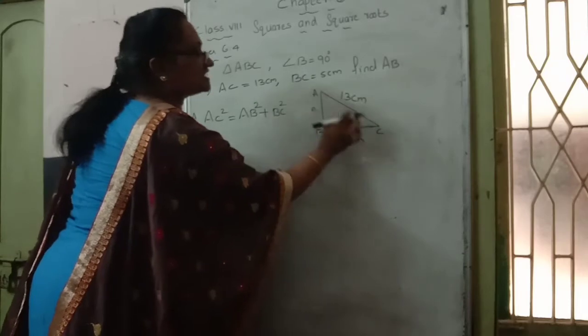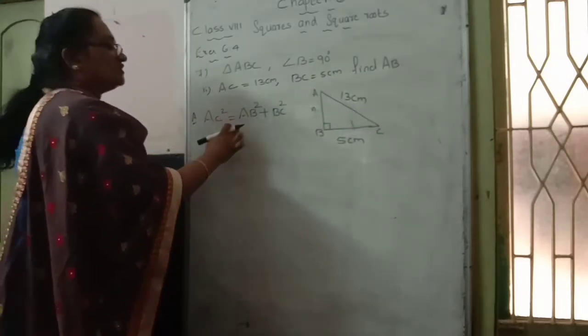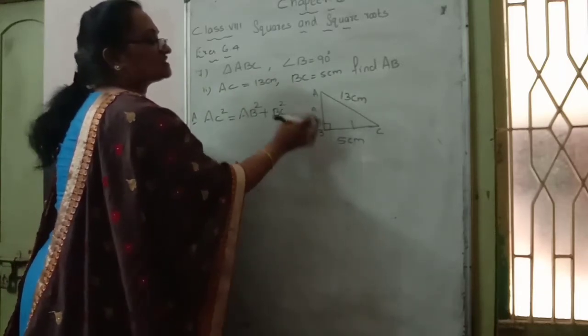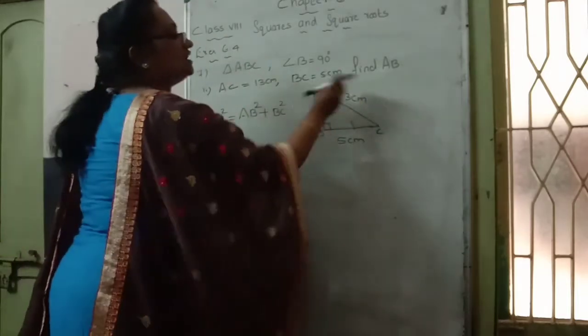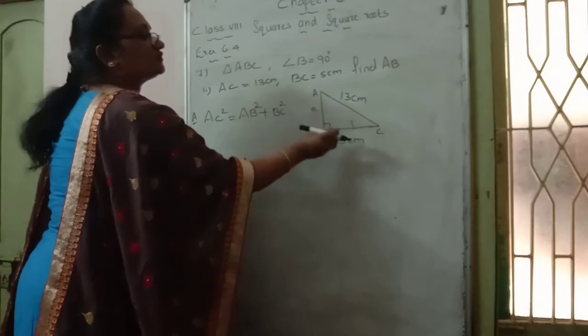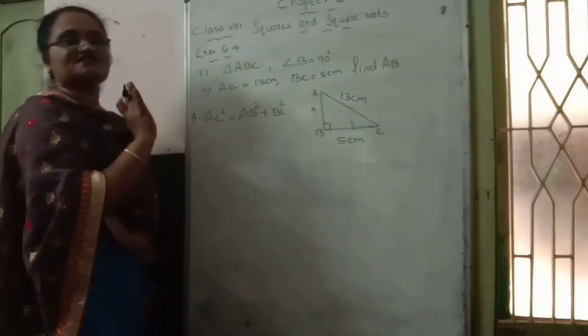The longest side squared equals the sum of the squares of the other two sides. That is what the Pythagoras theorem says.